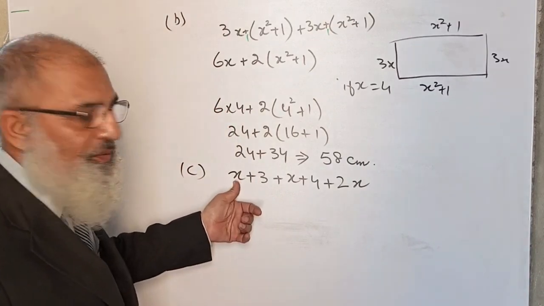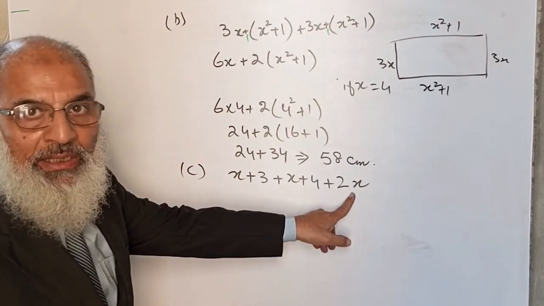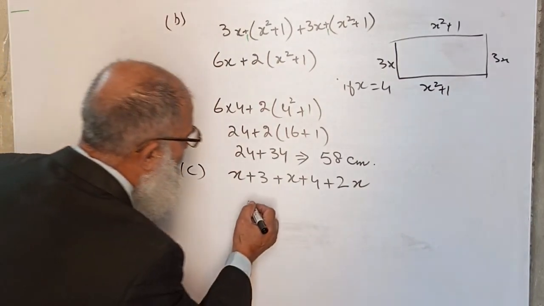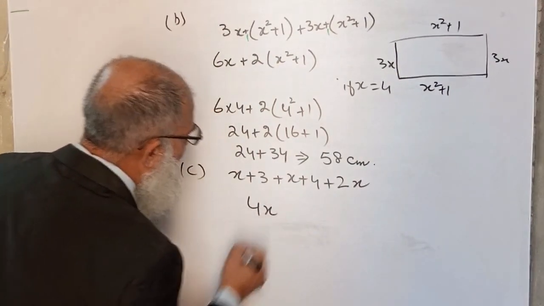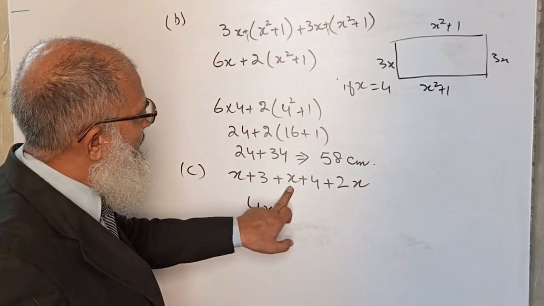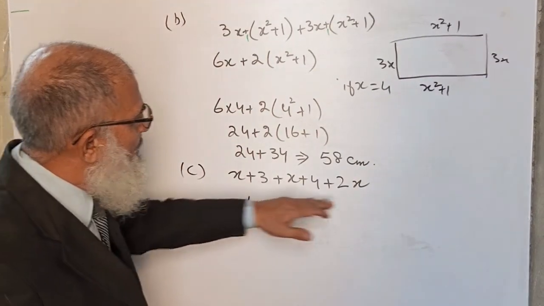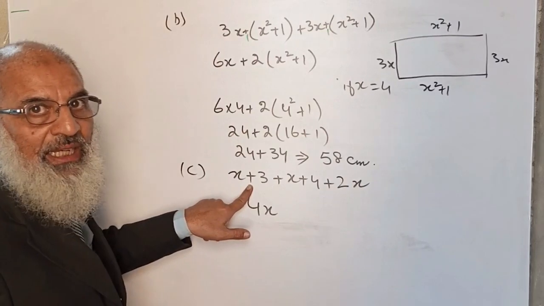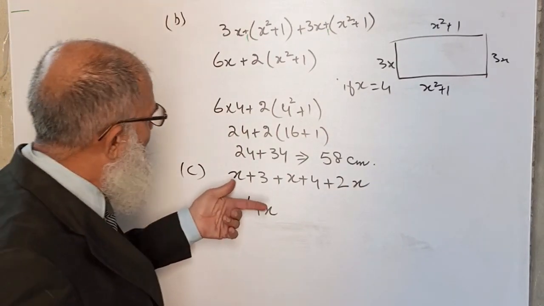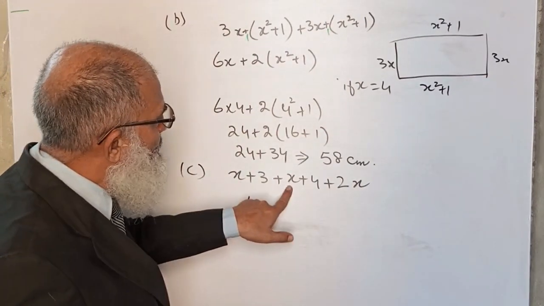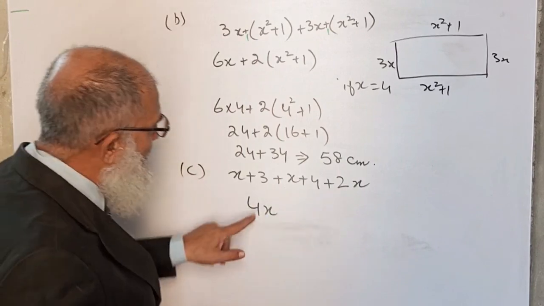Now this is 1x, 1x and 2x. What will it become? 4x. All the expression is carrying addition signs, so we can add them: 1x, 1x and 2x make 4x.